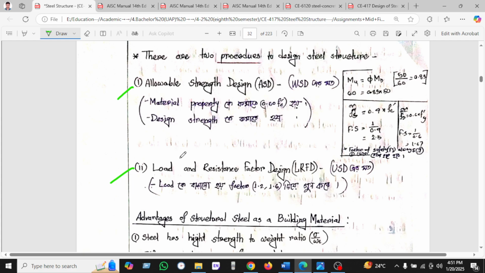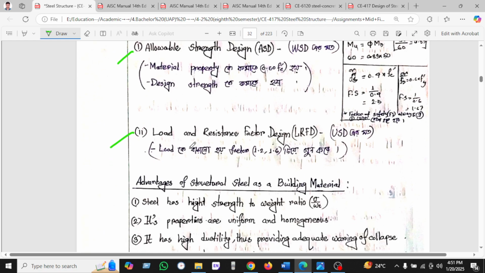Allowable strength comes from the material property, where we reduce the material property to get the design strength. In load and resistance factor design, we increase the load by multiplying by factors such as 1.2 for dead load and 1.3 for live load.